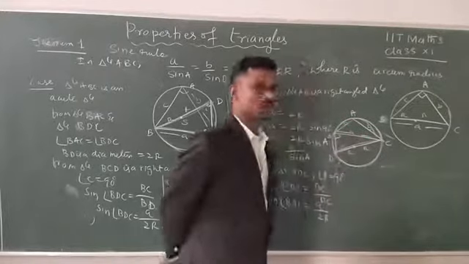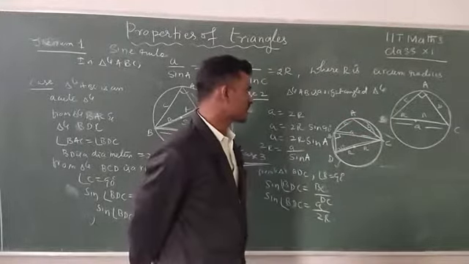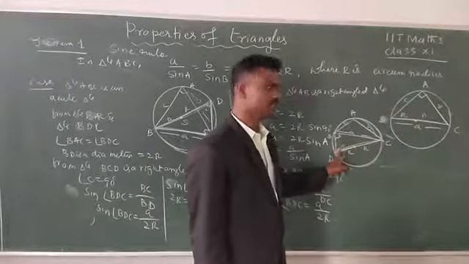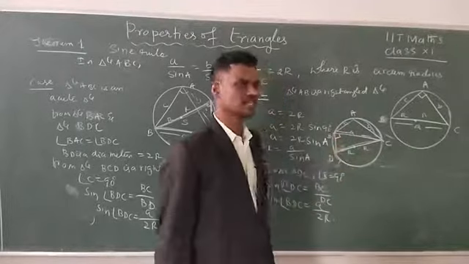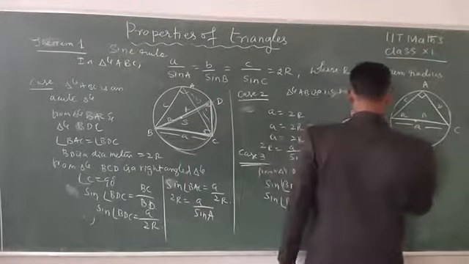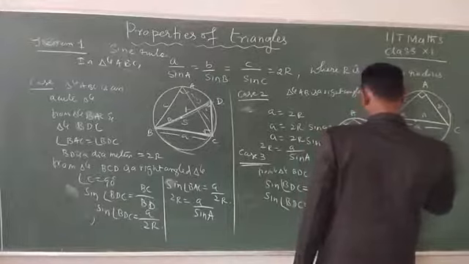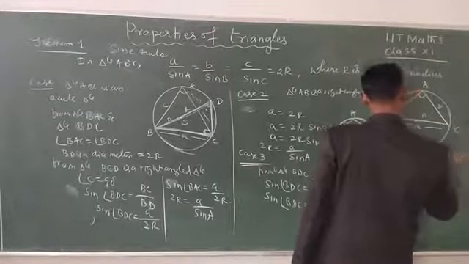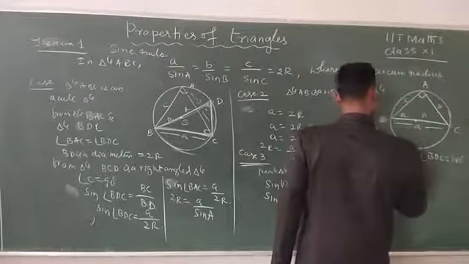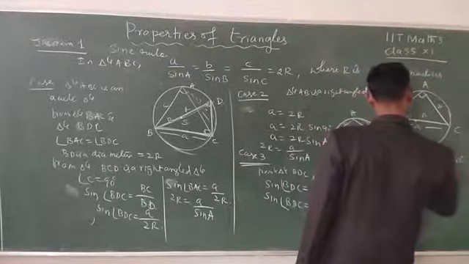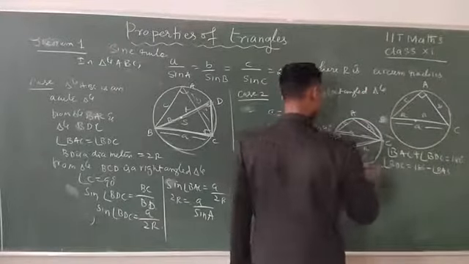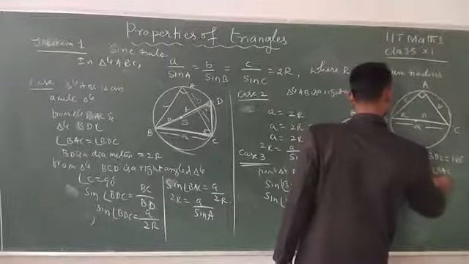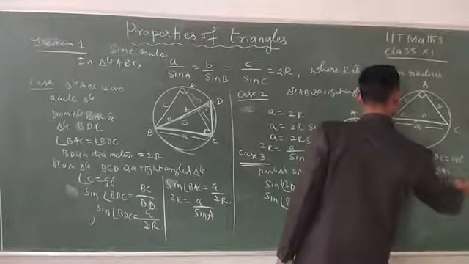Now ABDC is a cyclic quadrilateral. What are the properties of a cyclic quadrilateral? The sum of the adjacent angles is equal to 180 degrees and the sum of the opposite angles is also 180 degrees. Then angle BAC plus angle BDC is equal to 180 degrees. So angle BDC is equal to 180 minus angle BAC. Now apply sine on either side. Sine angle BDC is equal to sine of 180 degrees minus angle BAC.